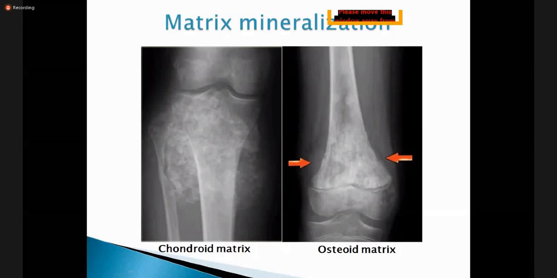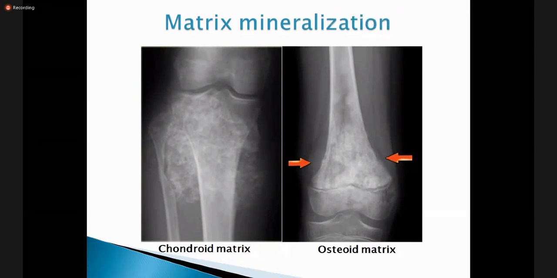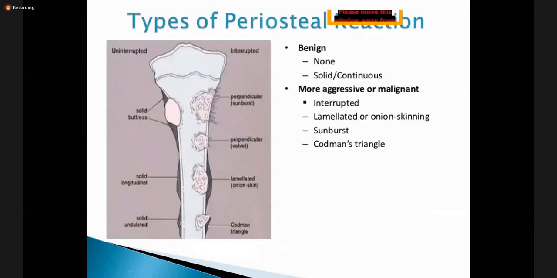Cartilaginous means chondrosarcoma, enchondroma, or osteochondroma. So in these cases, there is cartilaginous calcification, while the osteoid matrix is in osteoid tumors like osteosarcoma, or in some cases of osteoblastoma.